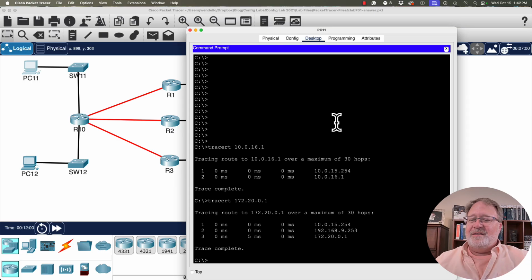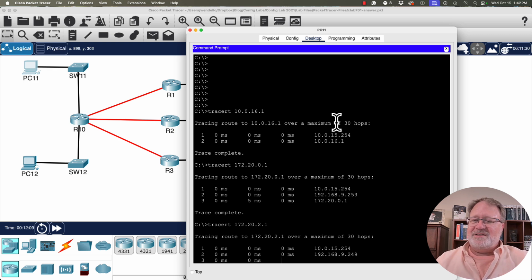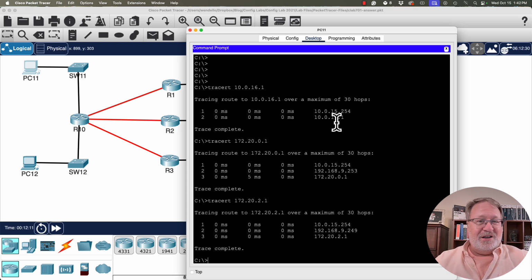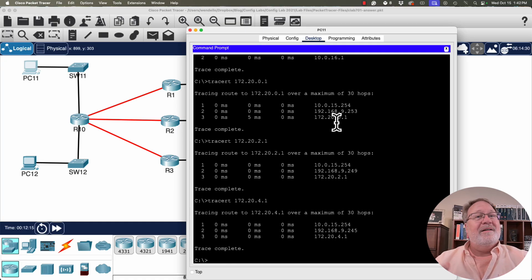So we can do that. That traceroute completes and it shows the routers in the path to reach that destination. Go back and ping PC2. We're confirming connectivity over there. And finally, I'll do the same with PC3, confirming connectivity out there to PC3 as well.